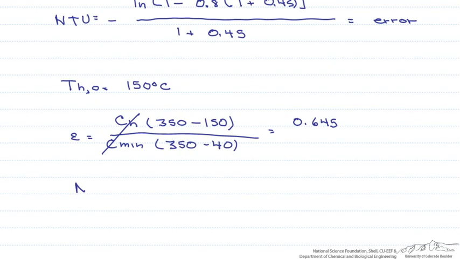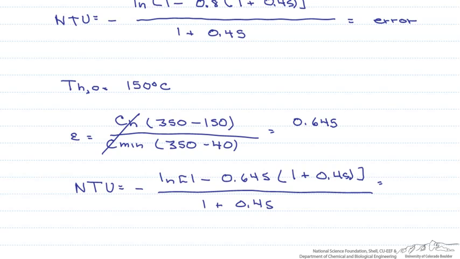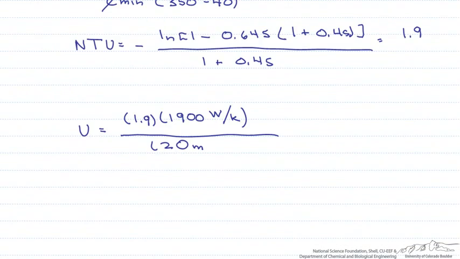Now when we put this back into our equation for our NTU, we end up with an NTU of 1.9. And we end up with an overall heat transfer coefficient of 181 watts per meter squared K.